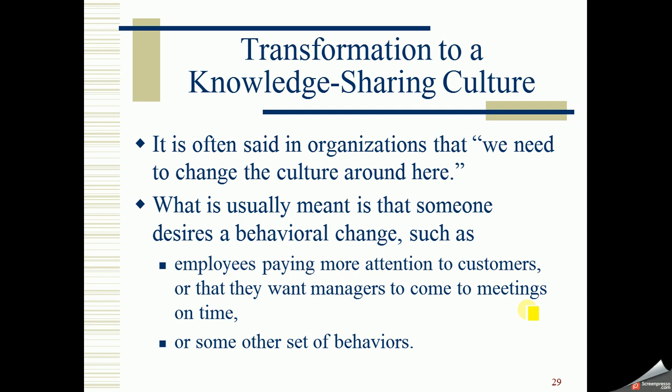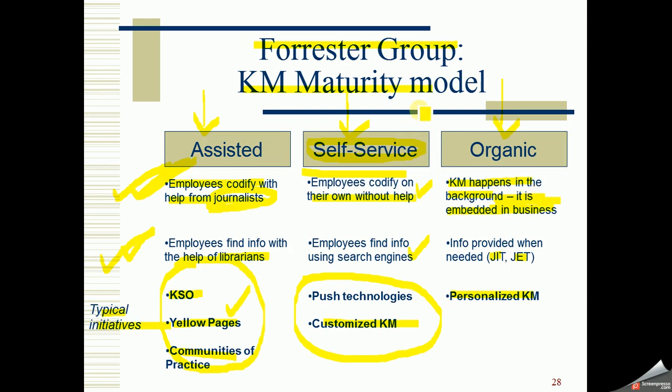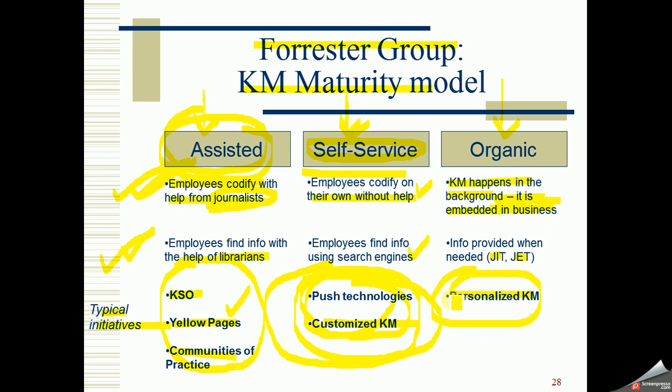So these maturity models can help any organization to measure their culture, where they stand. Let's say if an organization stands at the assisted level, they know what initiatives they need to take to move to the next level of, let's say, self-service, and what initiatives they need to take to move to the next level, which is organic.